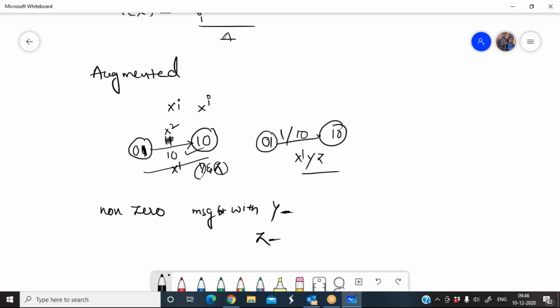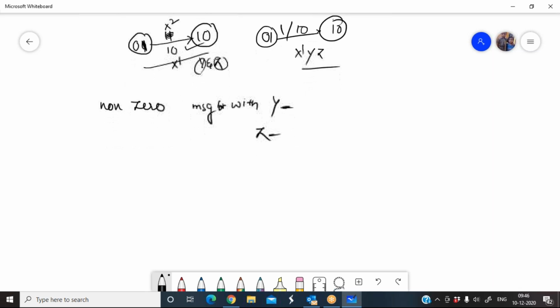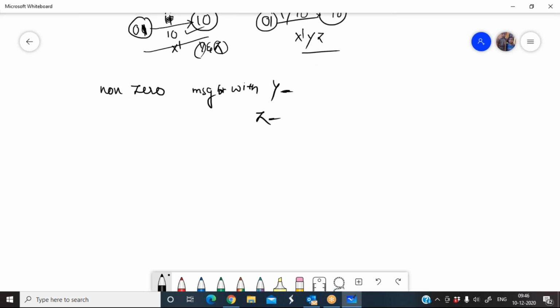Now I want to write the generating function for this augmented state diagram, or transfer function for this augmented state diagram. Now look at that formula. Another formula, write it down. The augmented transfer function is given by, here, x, y and z.